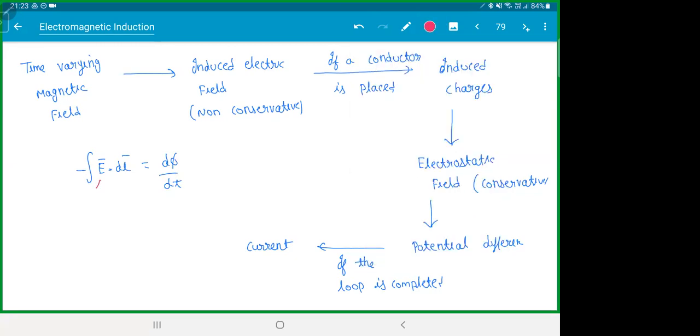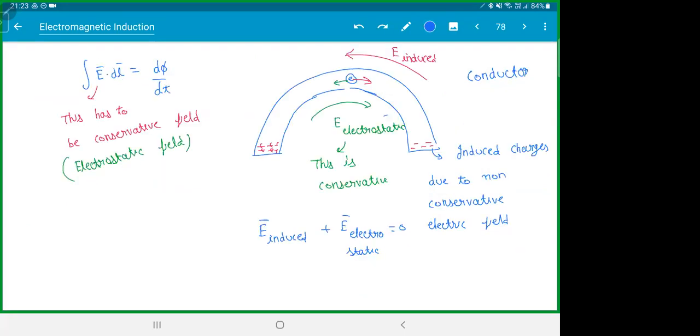This electric field we are talking about is actually the electrostatic field. But in steady state, after getting a lot of charges here, the green color field, the electrostatic field, becomes so strong that this field will cancel this field. So you get a steady state.